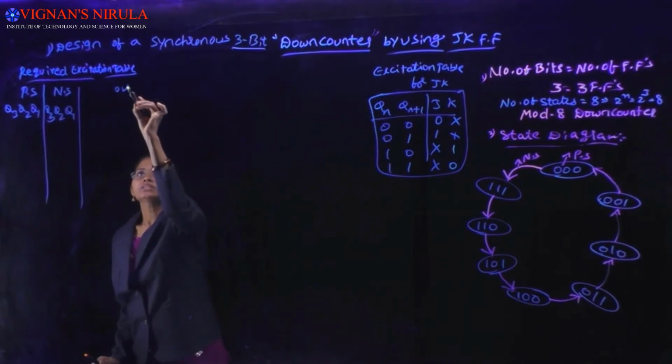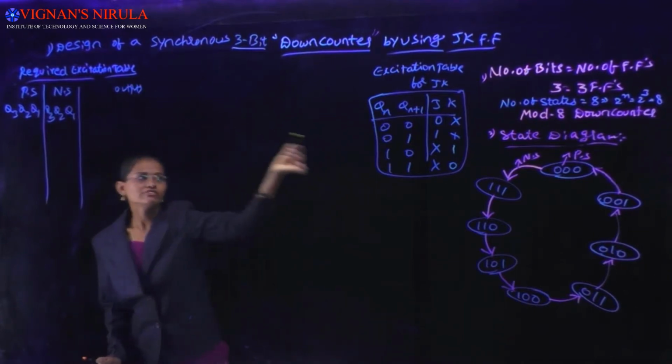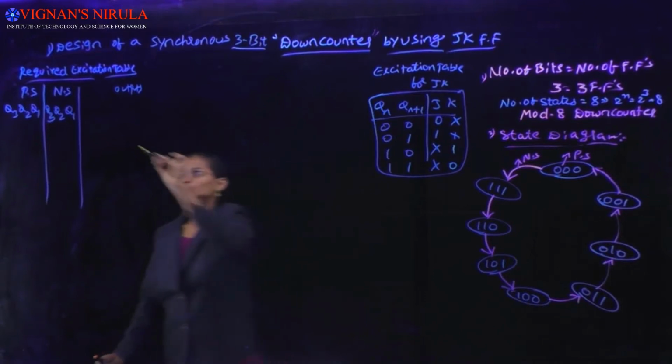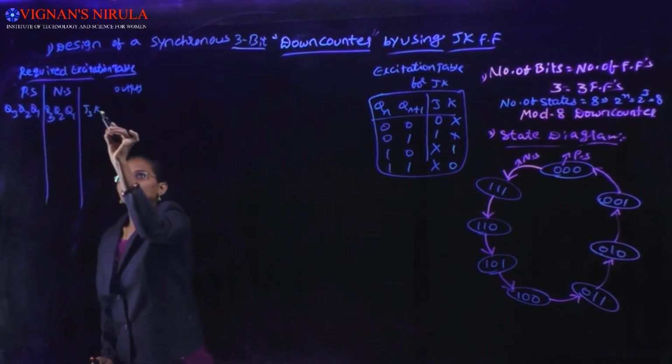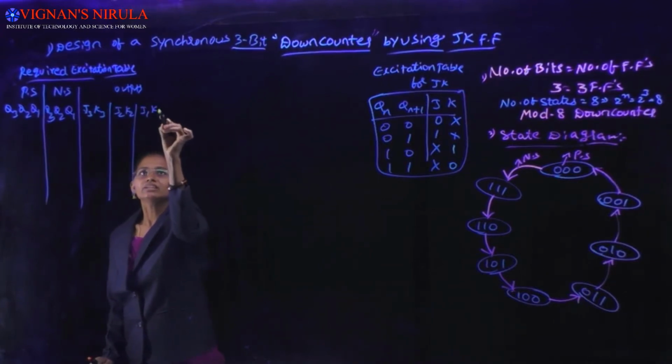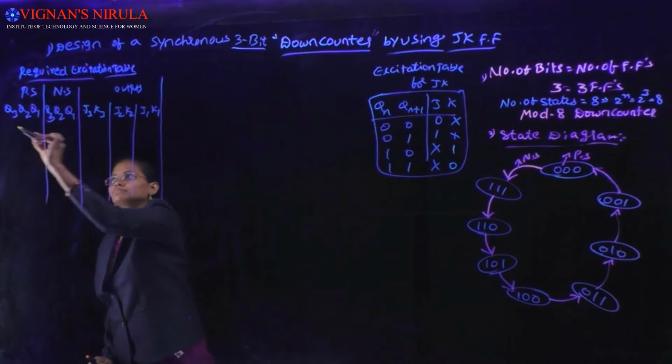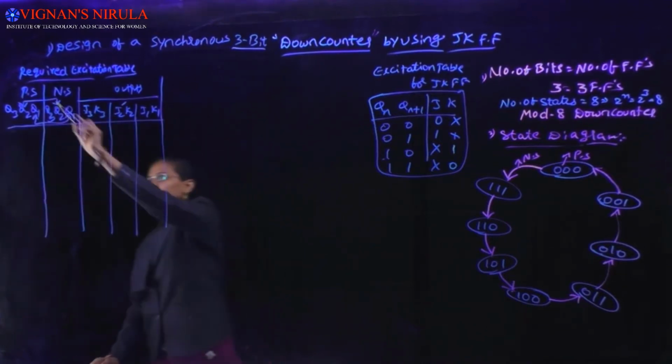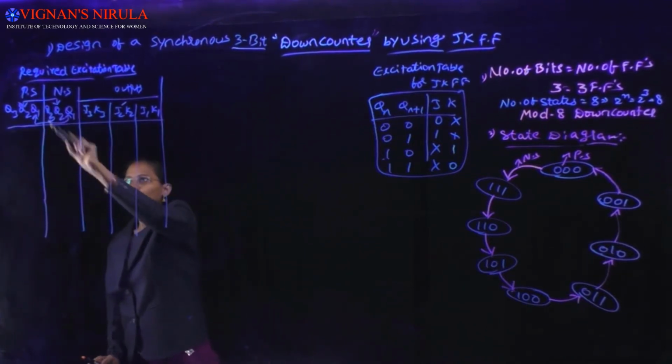Here the outputs are, how many flip-flops are you using? 3. So J3 K3, J2 K2, J1 K1.